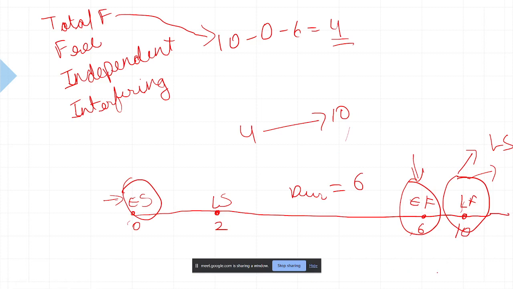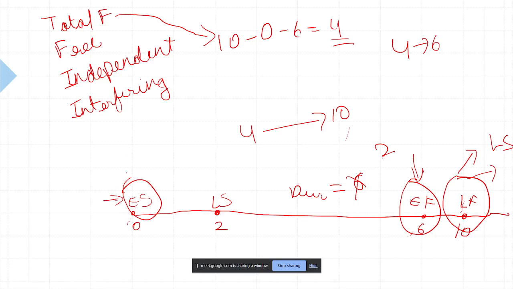Now, if your activity duration changes to 2, and your early finish is 6, even if you start on 4, you will finish by 6. Late finish is 10, so the rest of the activities are not getting any effect. But the condition is that your predecessor activities had to be done on time.